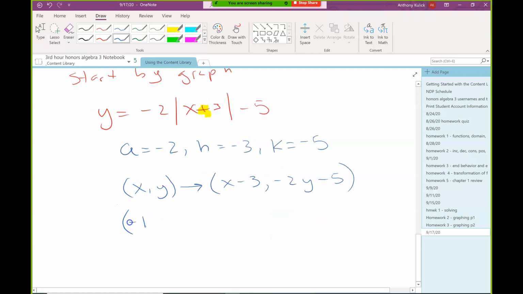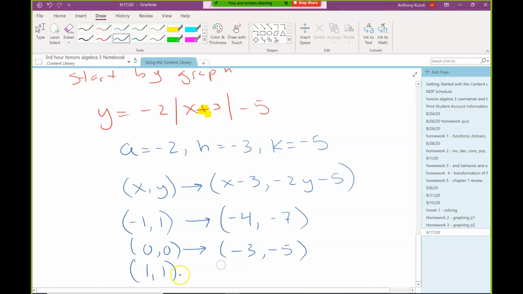And then I'm going to use the 3 key points from the parent function for an absolute value. Every time I graph any absolute value, these are the 3 points that I'm going to transform. So when I do that, I get -4, comma -7, -3, comma -5, and then -2, comma -7.